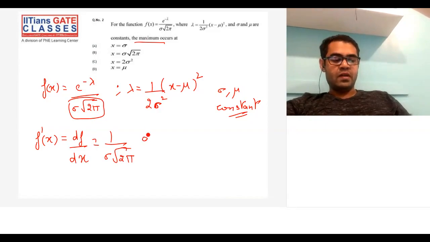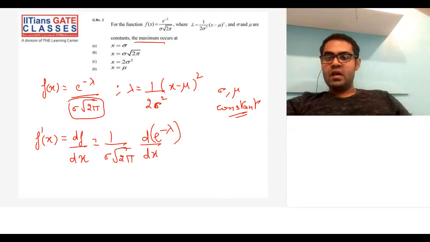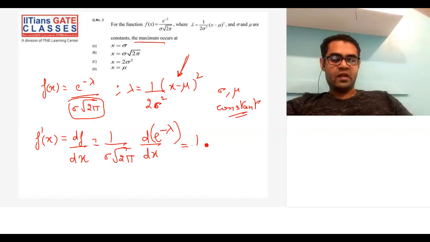Now it will be d by dx of e raised to power minus lambda. Lambda is not a constant, lambda is a function of x. So I write this as 1 by sigma root 2 pi into d by d lambda of e raised to power minus lambda, into d lambda by dx.